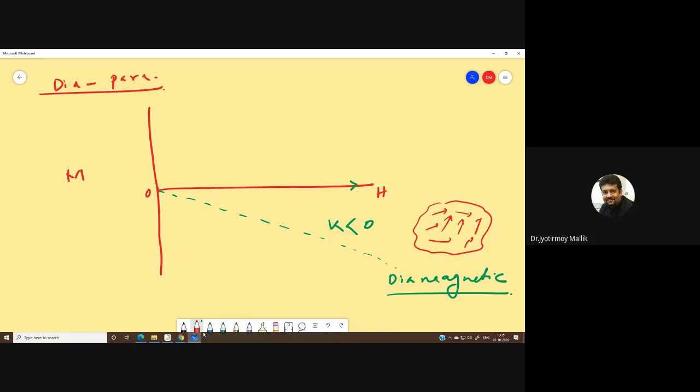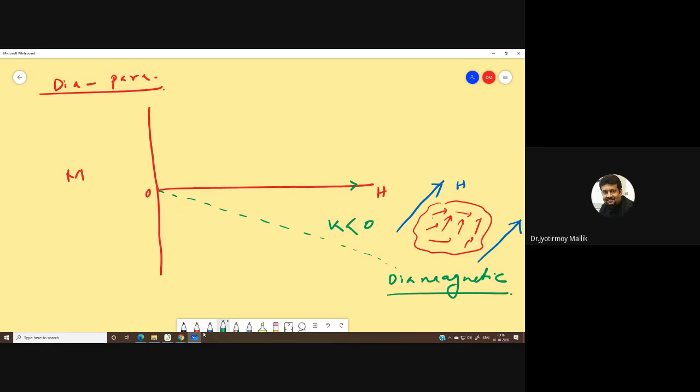Now I subject it to some external magnetic field, the capital H. This would try to align them, but the alignment will happen opposite to the direction of H. There will be feeble alignment. The alignment will not be very strong, so the net magnetization will not be very strong.